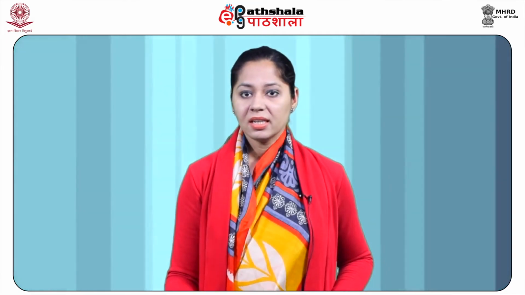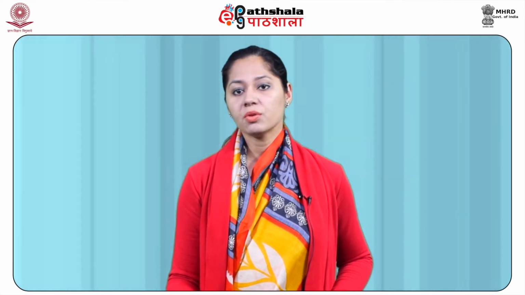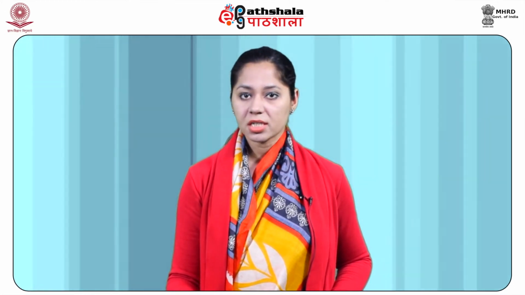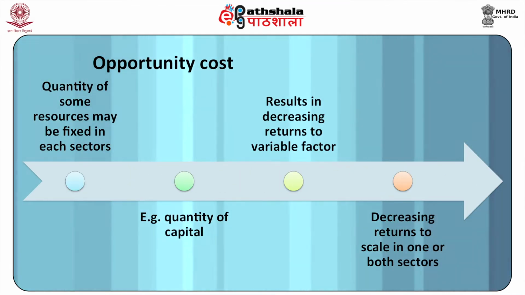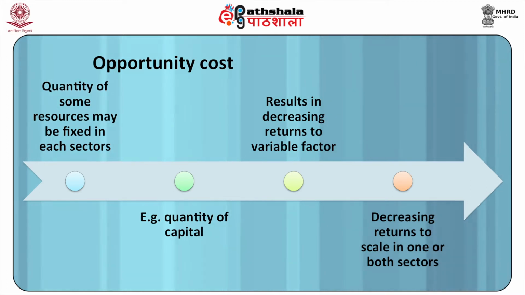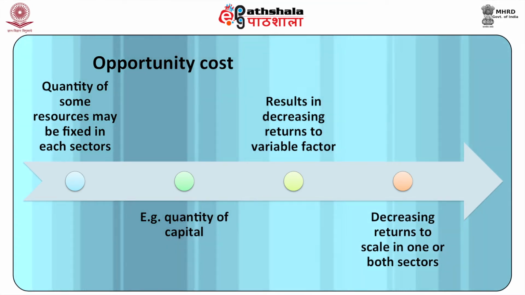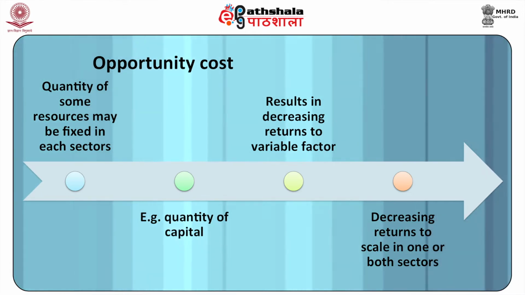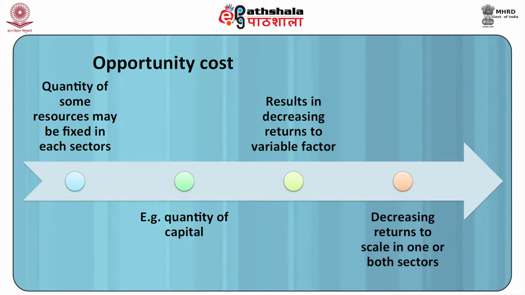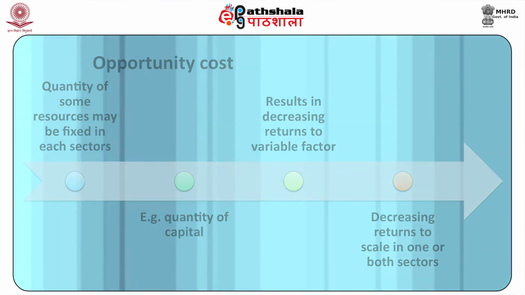As a result, nations need to give up more and more of one commodity to produce an additional unit of the other commodity. The third reason is that the quantity of some resources may be fixed in each sector, for example, the quantity of capital. This results in decreasing returns to the variable factor. And the last reason is that there may be decreasing returns to scale in one or both the sectors.